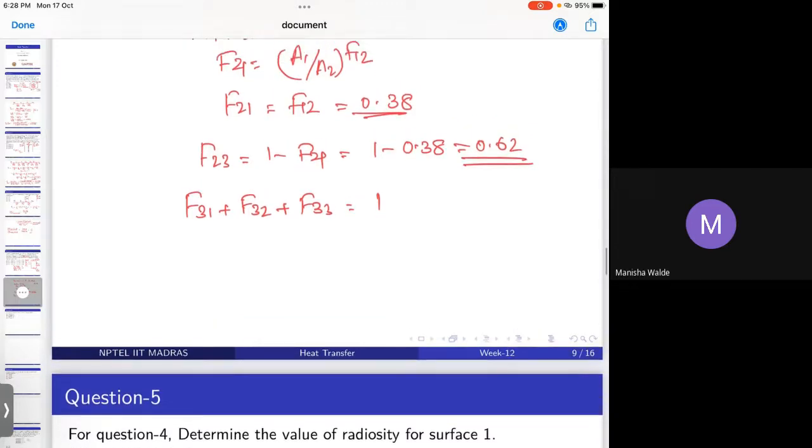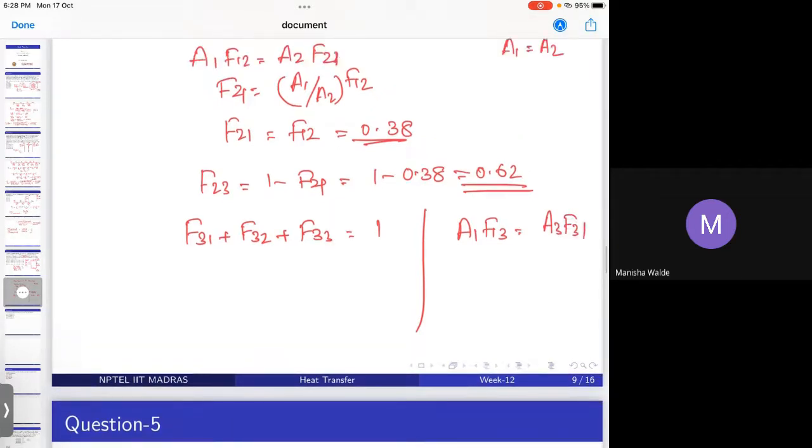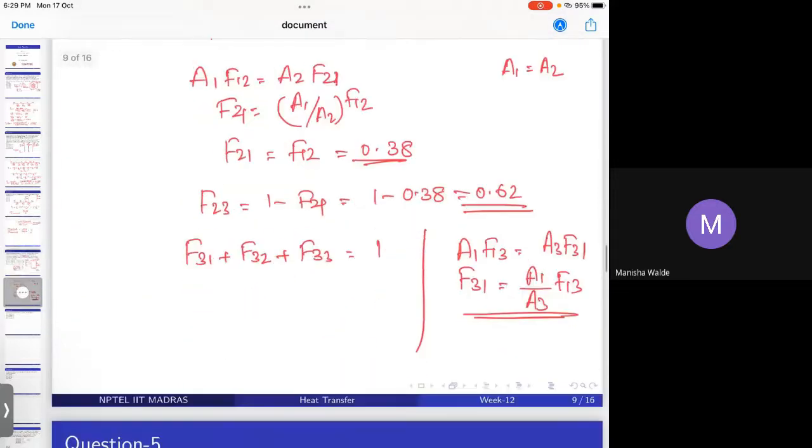Then we can calculate A1 F13 will be equal to A3 F31. So F31 is equal to A1 by A3 times F13. Okay. So we need to calculate F31.